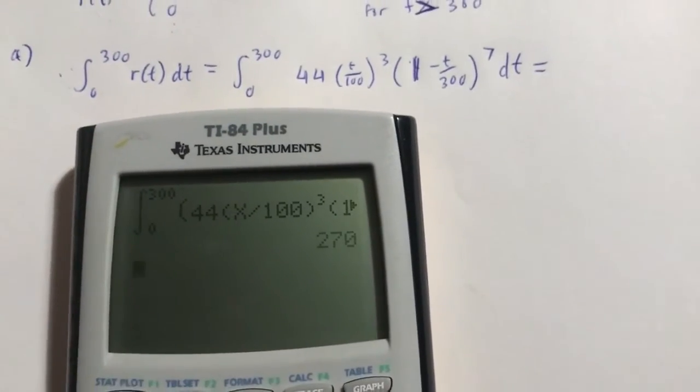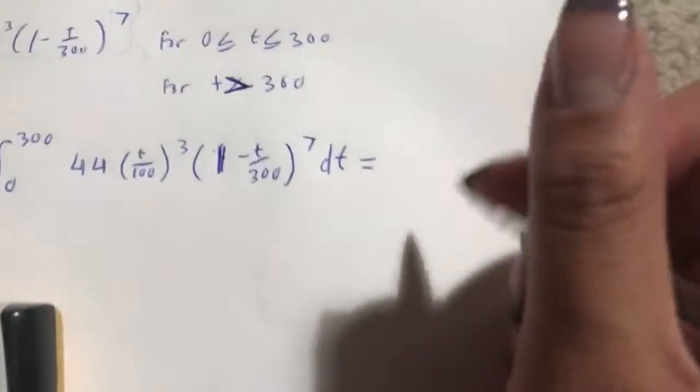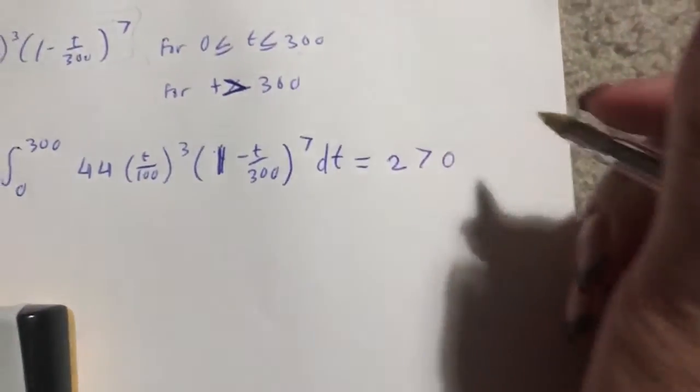And if we press enter, we get 270, so that's our answer. 270 people.